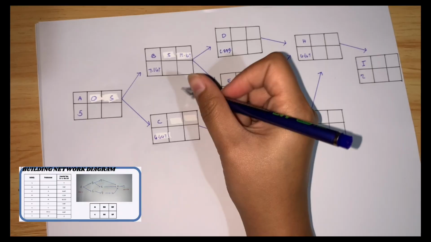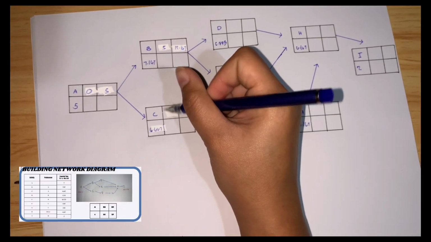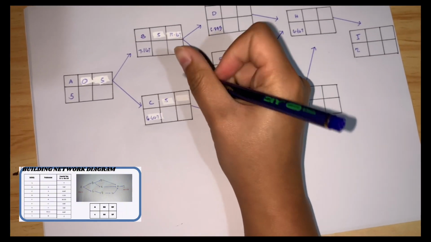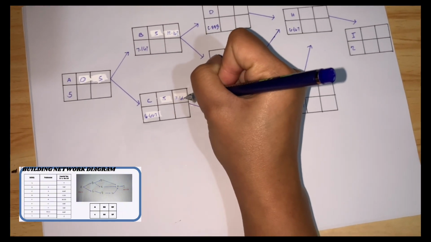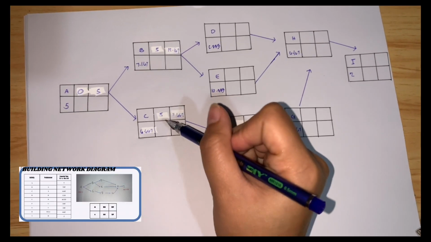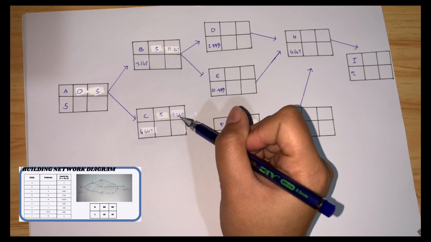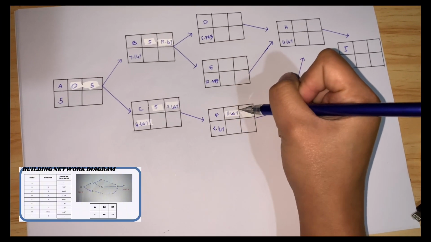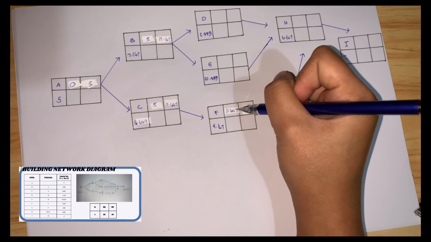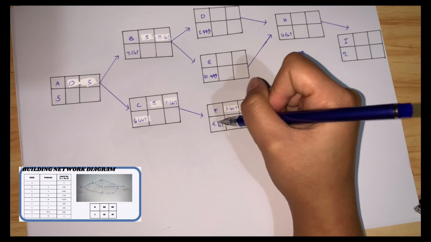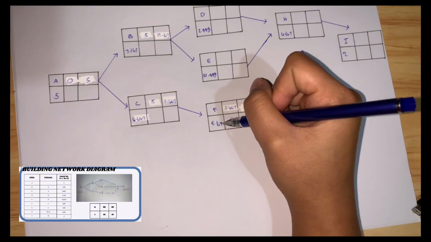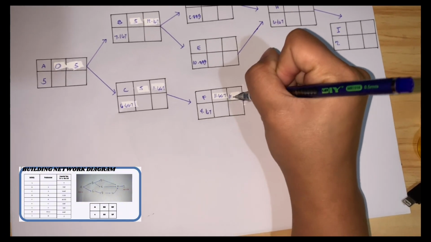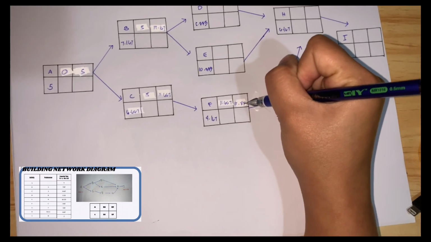Then C, since A has an EF of 5, the ES of C is equal to 5, and 5 plus 6.667 is equal to 11.667. Then F, since C has an EF of 11.667, F has an ES of 11.667, and 11.667 plus 4.167, the expected time of F, is equal to 15.834.